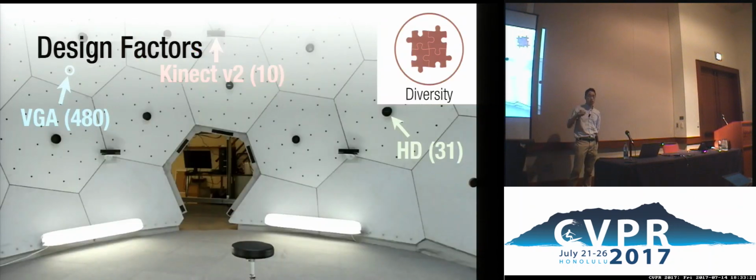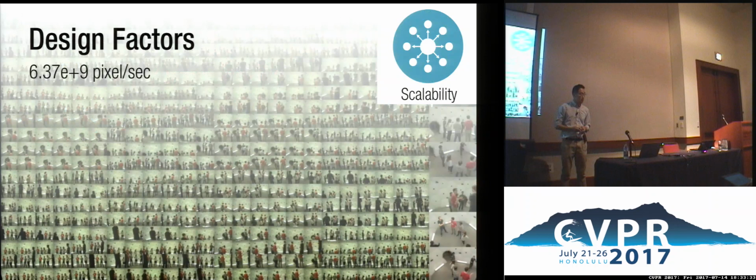Second, your system needs to be flexible enough to integrate multimodal sensors, such as VGA cameras, Kinect cameras, and HD cameras together, which have different characteristics. Third, we are talking about large-scale cameras, which produce big data. For instance, the Panoptic Studio produces 6.4 gigapixels per second.